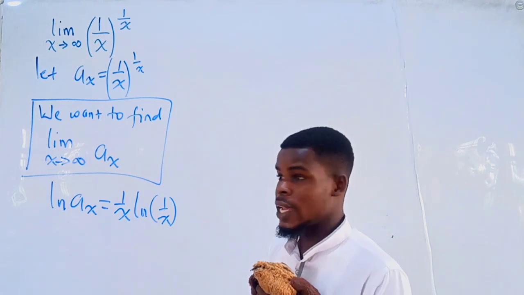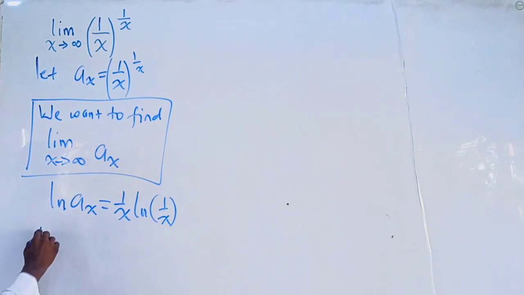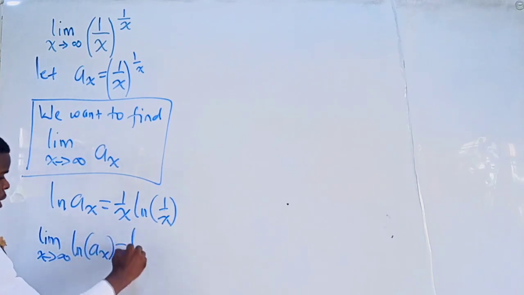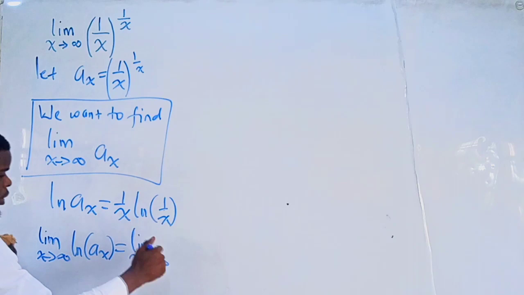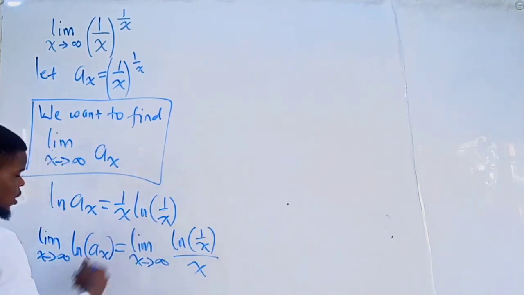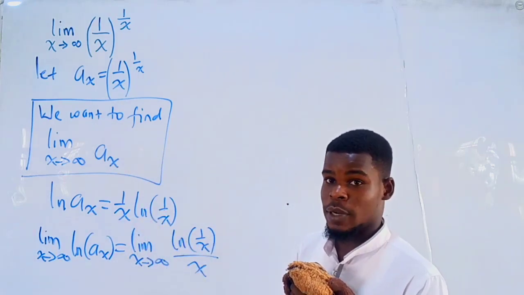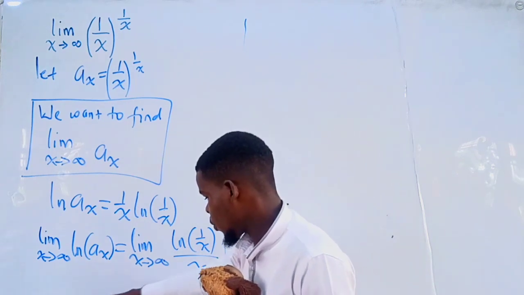But let's just look at taking the limit of both sides as x tends to infinity. So we're going to have the limit as x tends to infinity of ln of a sub x to be the limit as x tends to infinity of this term at the top, then we divide that by x. Just from our previous discussion, we can put this 1 over x at the bottom. Good, great.